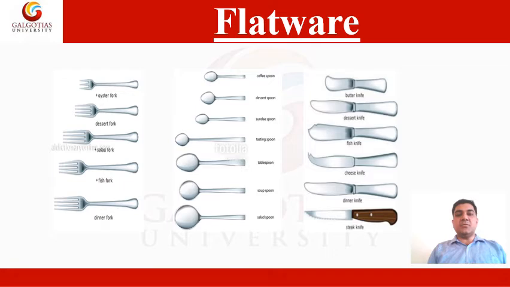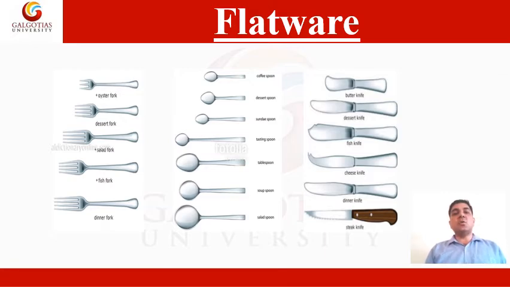So flatware is a term which we use for all those equipments in food and beverage service which are flat to the table, more straight to the table, and in which the depth or volume is very little. For example, any kind of cutlery, any kind of fork, spoon or knife, which was an example of cutlery, can also be an example of flatware. So do not get confused when someone asks for flatware or cutlery. What is the difference? Both are the same things.